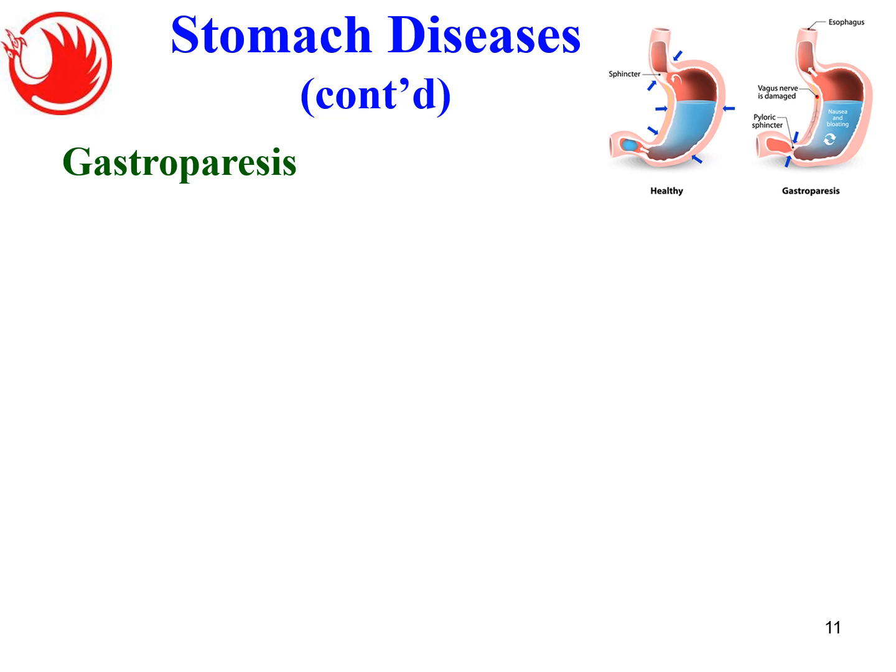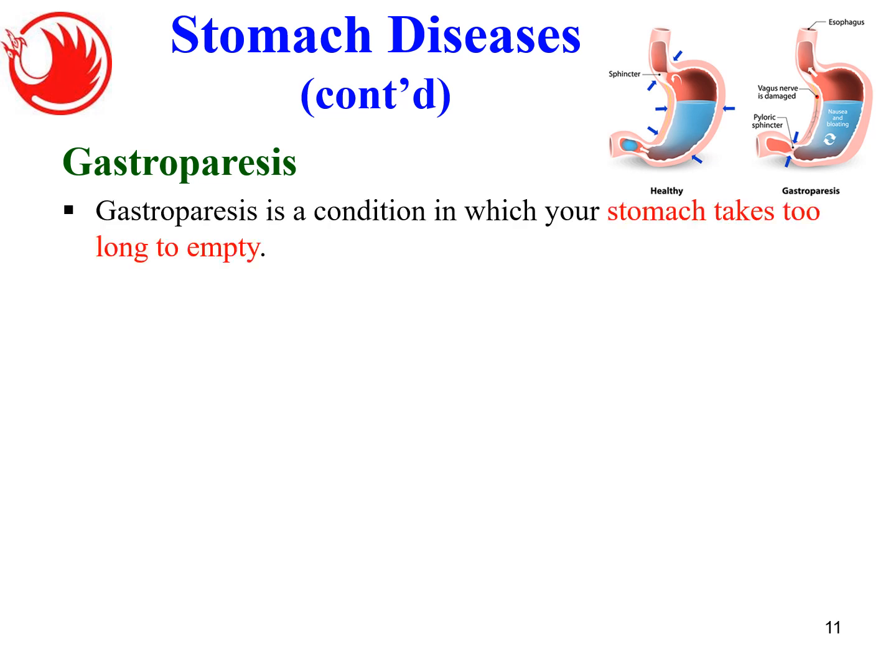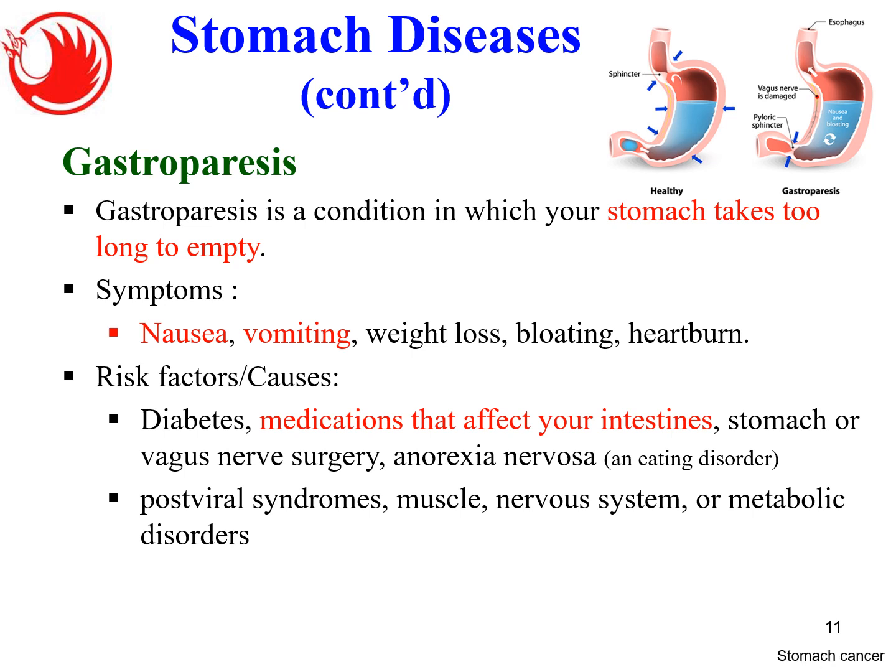So next will be another disease, gastroparesis. This is a condition in which your stomach takes too long to empty, meaning the food remains in your stomach for too long, rather than being moved into your small intestine to be digested. This is a functional disorder affecting your stomach nerves and muscles, because it makes your stomach muscle contractions weaker and slower than they need to be to digest the food.